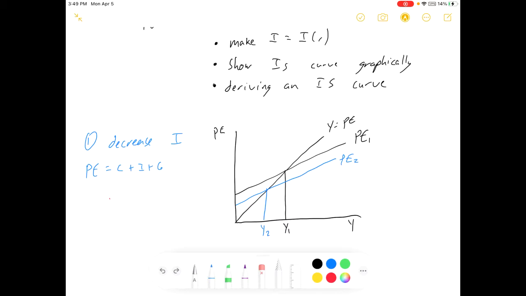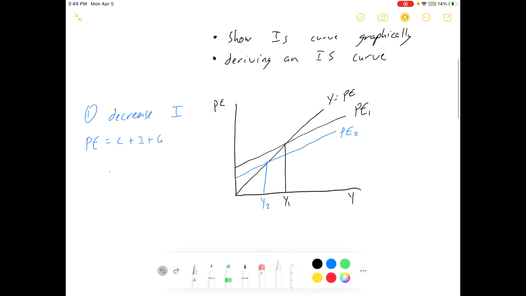By the way, all that multiplier stuff, if you change G in the last video, you can solve for how much GDP changes by. Same idea applies here. The same spending multiplier works. Anyway, if you increase I, that increases the planned expenditures curve, which raises GDP.